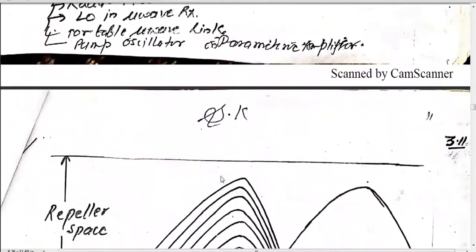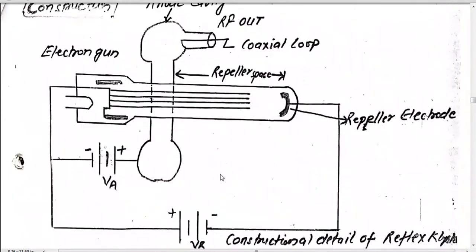Now if we see in this cavity, we have considered three different electrons. The early electron, which is traveling with higher speed, will penetrate deep into the repeller space. Another is the reference electron, which is traveling with the same initial velocity, so its penetration depth will be lesser than the early electron.